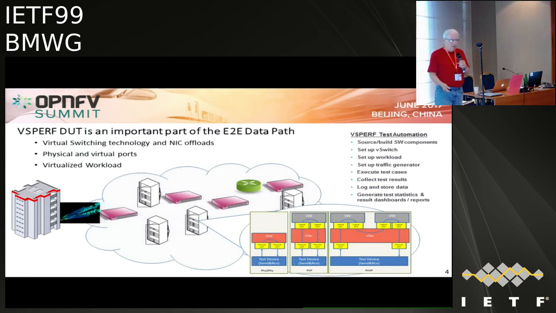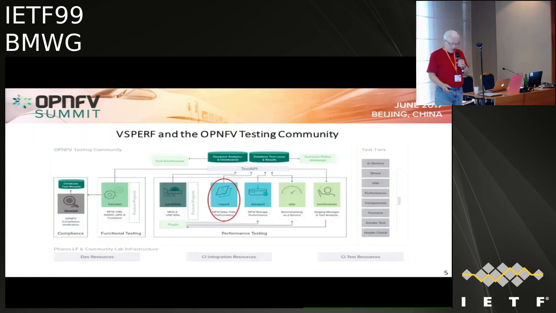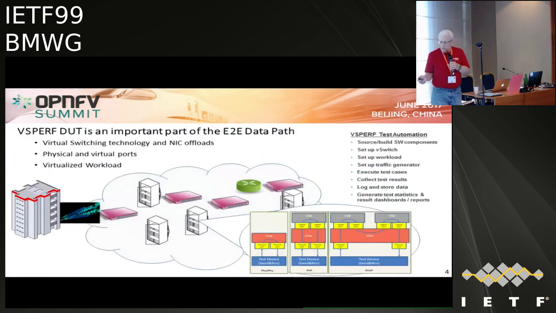So we have these deployment scenarios, which I mentioned here, and you can see the vSwitch is represented in red. We've always got our test devices external to the vSwitches, so they go through physical ports in and out. When it's PHY to PHY, it's just physical port through the vSwitch to physical port.